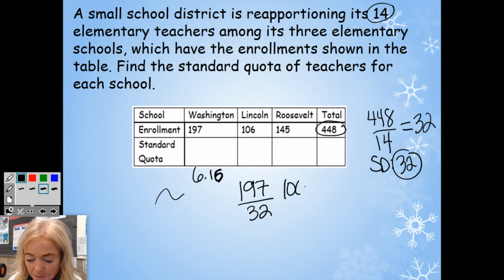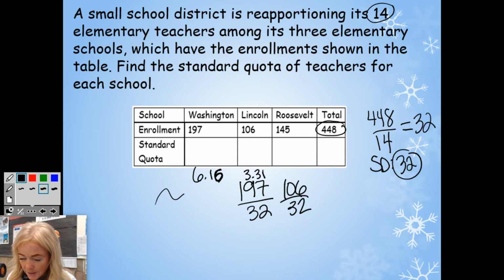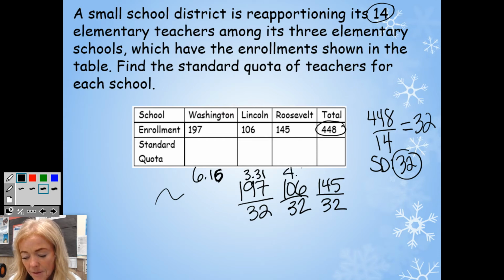And then 106 divided by 32, and that's 3.31. And then 145 divided by 32, and that is 4.53.